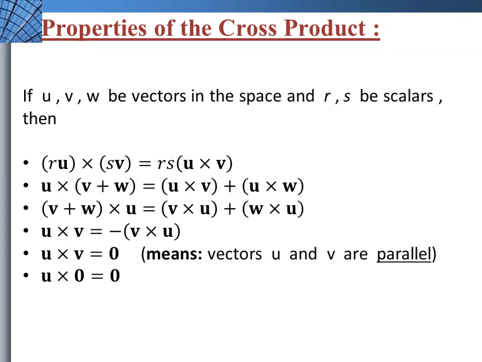Also, u cross v equals minus v cross u, and u cross v equal to 0 means that vectors u and v are parallel, and u cross 0 is equal to 0. So these are some properties of the cross product.